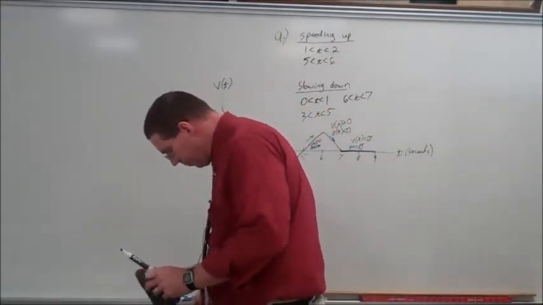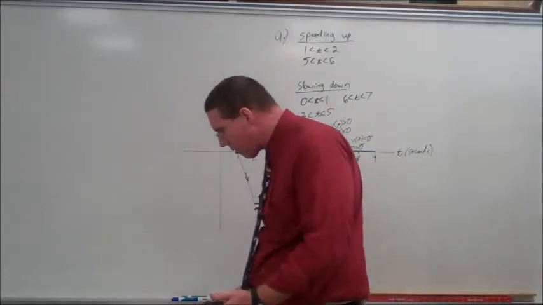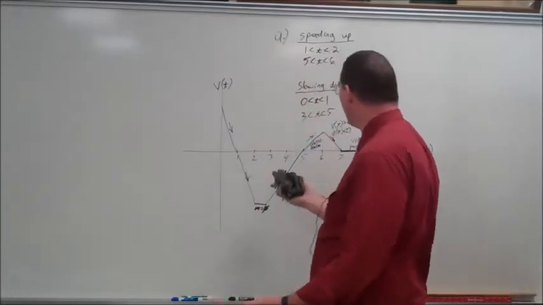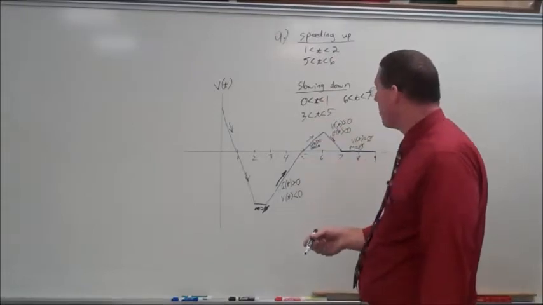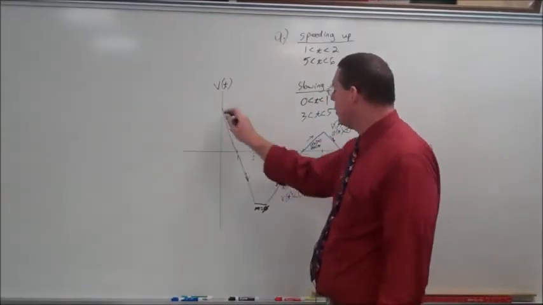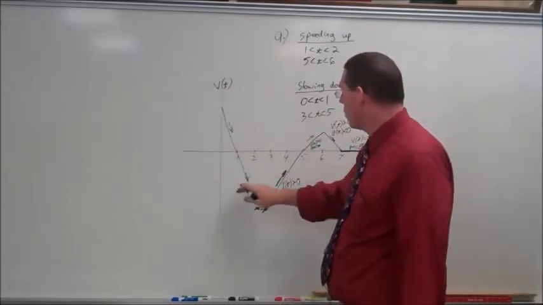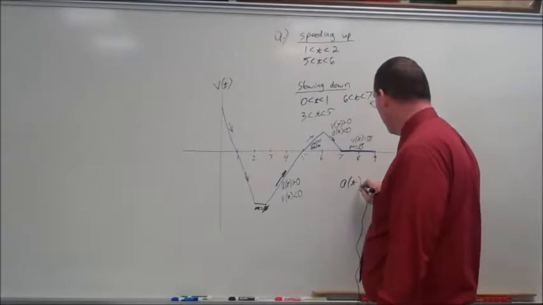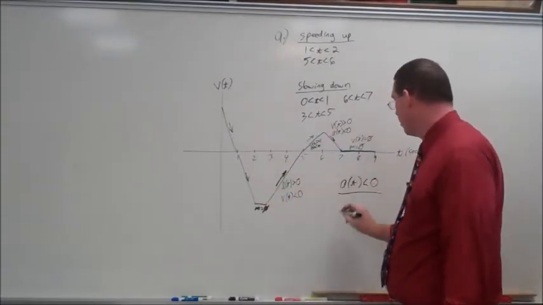Now, part B says, when is the particle's acceleration positive, when is it negative, and when is it 0? Well, we just went through all that in part A, to identify where it's speeding up and slowing down. Acceleration is negative wherever velocity has a negative slope. So acceleration is negative, a of t is less than 0, from 0 to 2.